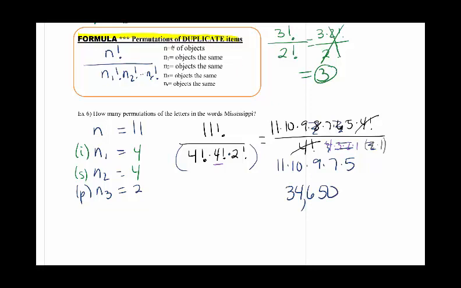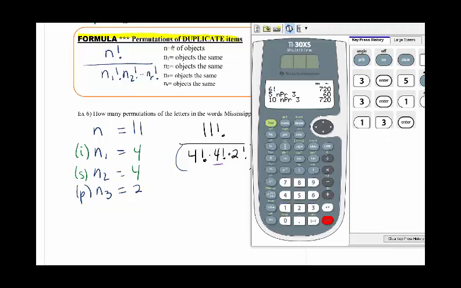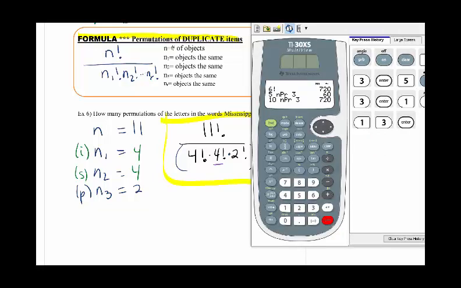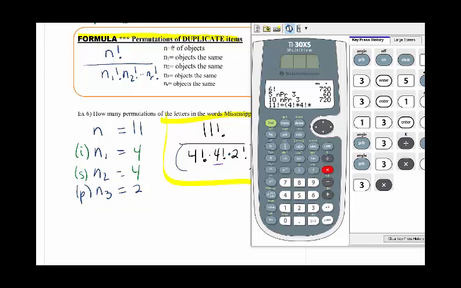34,650. Now I want to show you how you could do this all at once, but you've got to be really careful. You've got to put the parentheses there. At minimum I would expect to see this on your paper right here. So I'm going to do 11, go to my prob, pick number 3, divided by, and I want the whole piece in the denominator, so I need to open the parentheses, 4 prob number 3, which is my factorial, times 4 prob number 3 times 2 factorial.